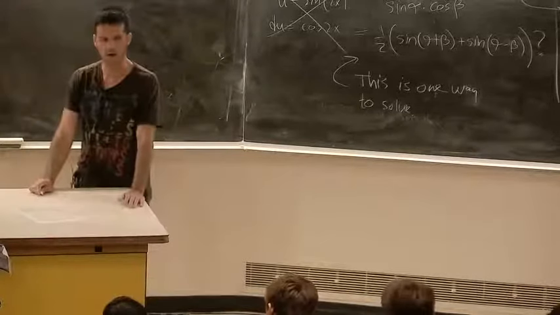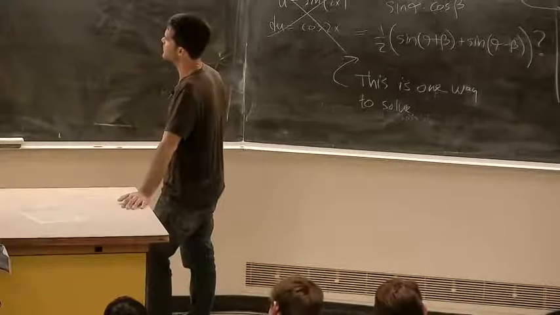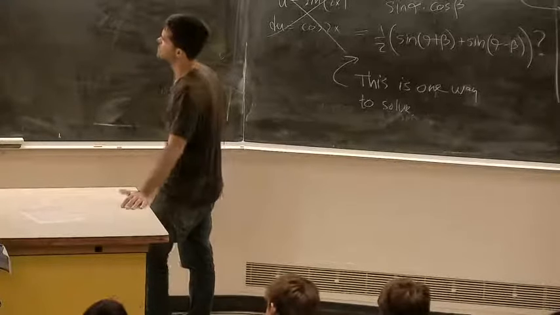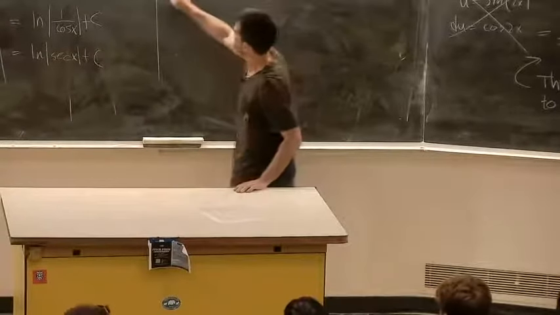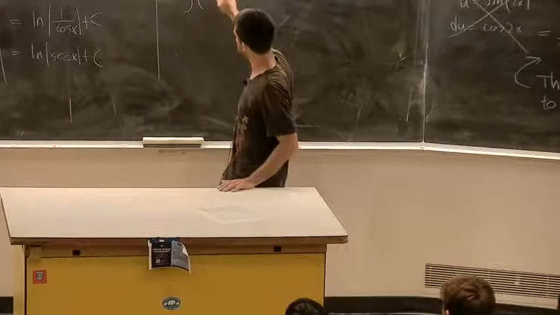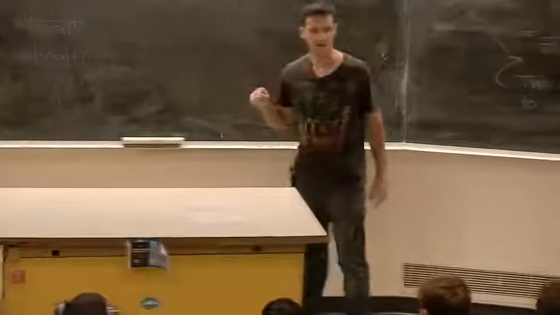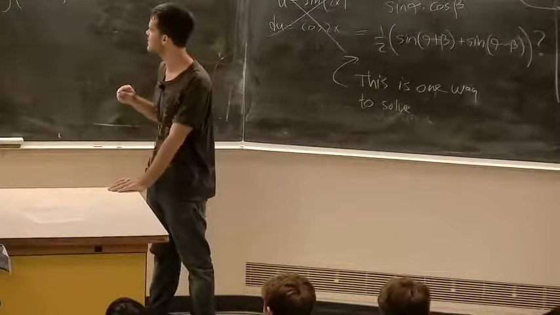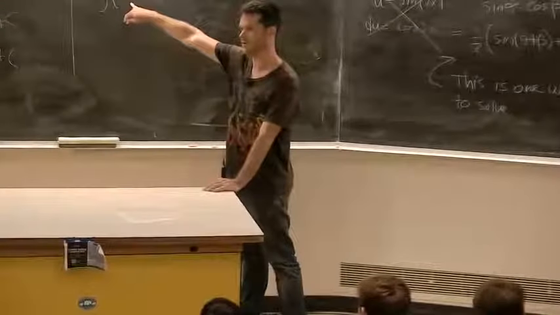How about the integral of tan squared? This is not a derivative of anything. But if we use the Pythagorean identity, which says this is secant squared x minus 1, how does this help us? Can we integrate secant squared?